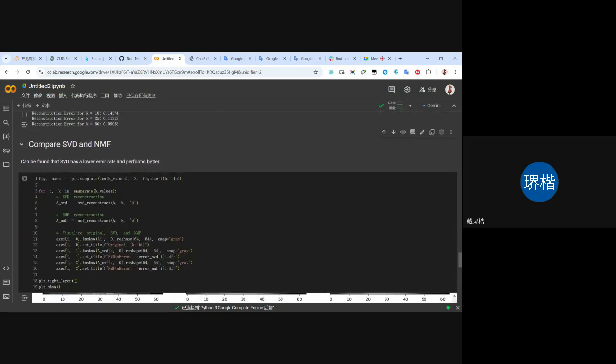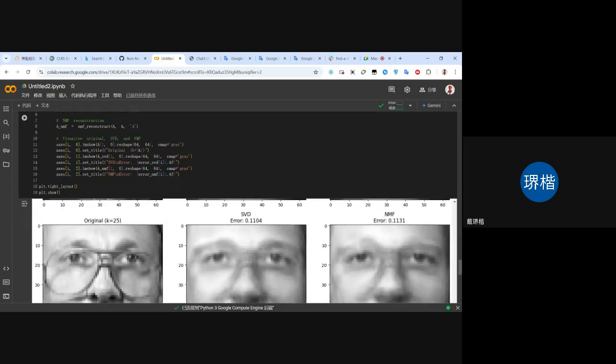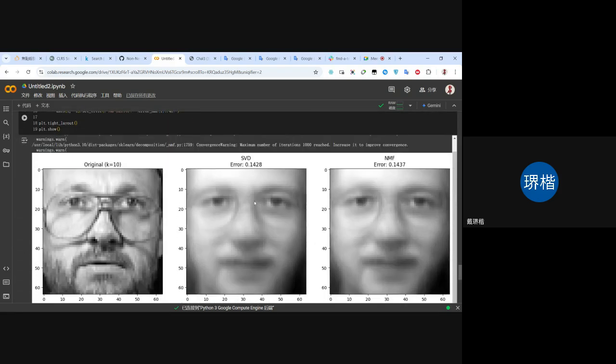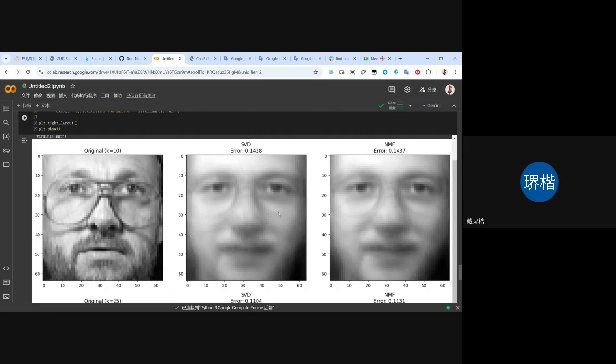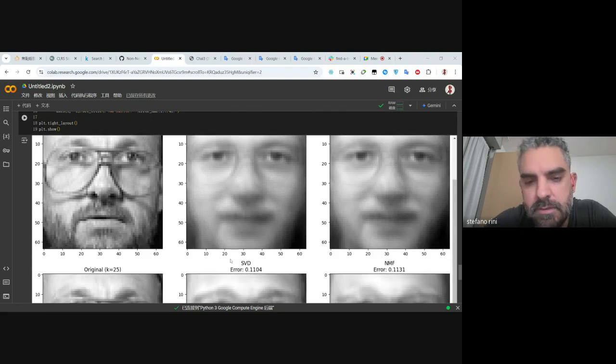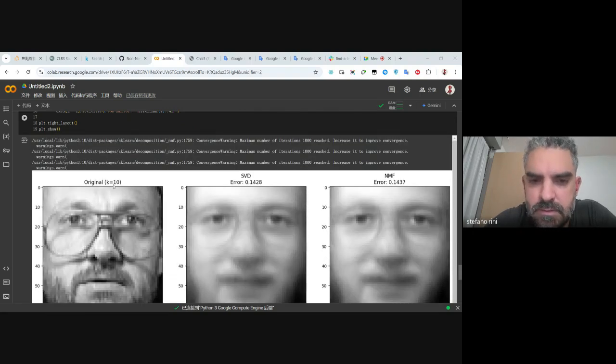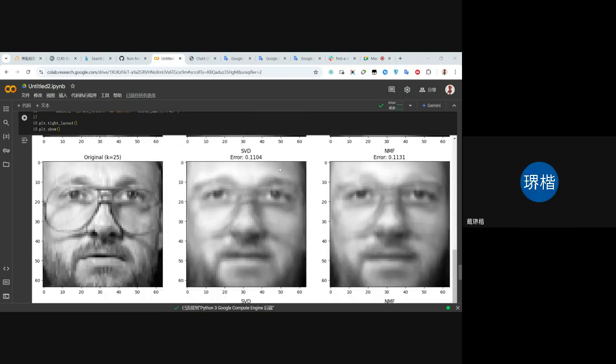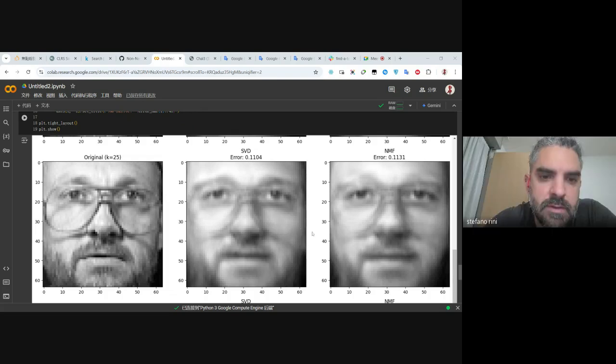Now we compare the SVD and NMF. This is the original SVD and this is NMF. This one here, there is no difference. Let's see the next one. This is K equal 25.